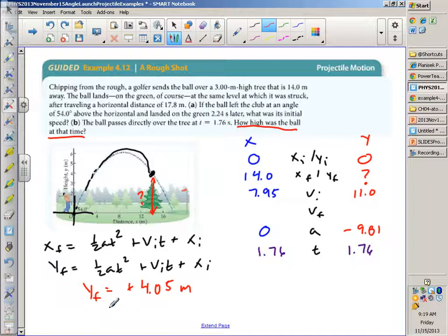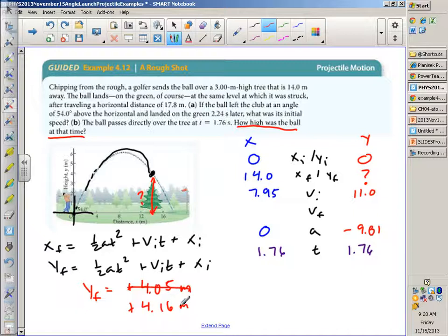Okay. I got 4.16. Apparently I don't know how to plug things into my calculator. Yeah, you can use 11, although some people, like on the last problem, might have rounded to 10.99 or something like that, because that's what your calculator gave you. 4.16, is that better?